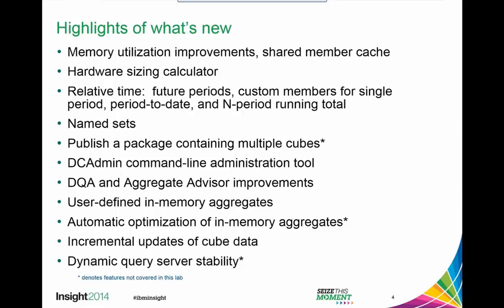We have improved server stability. So basically, in the past, if you had opened it up to more users or users that don't run the best queries, maybe something really low at the lowest levels of granularity, the query service JVM could run out of memory. Now with this improved service stability feature, we have resource monitoring.